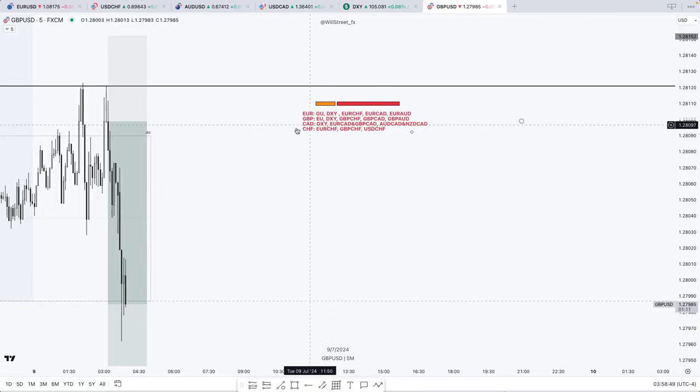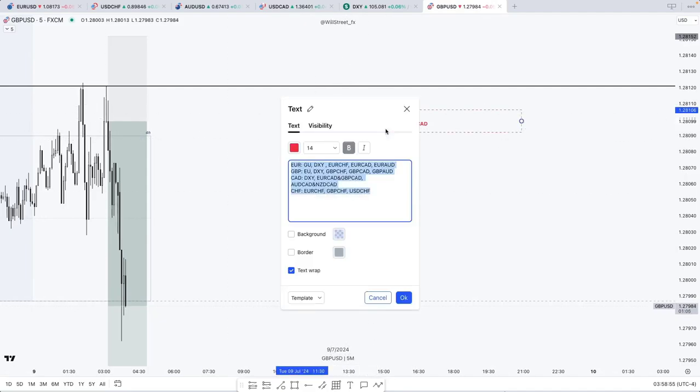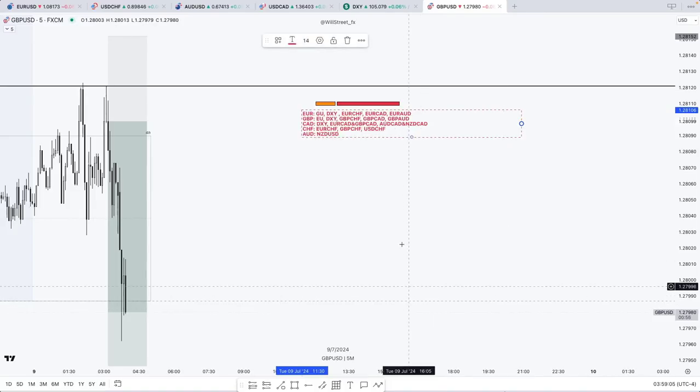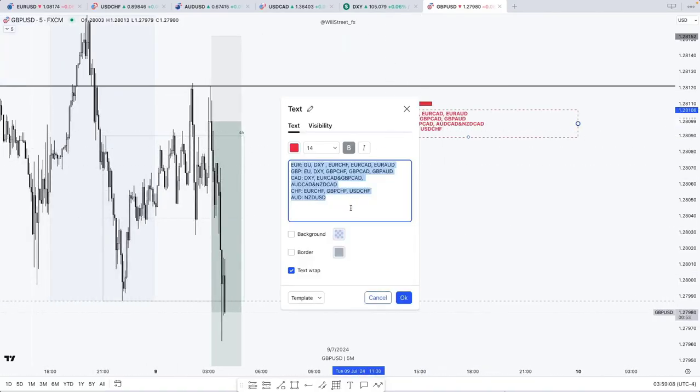I am only trading CHF in those 2 news, no more. And the last pair I'm trading is AUD, and the correlated asset is that one, only this one, okay? Well, of course you can add the DXY for an inverse correlation, but this is the main one, okay?